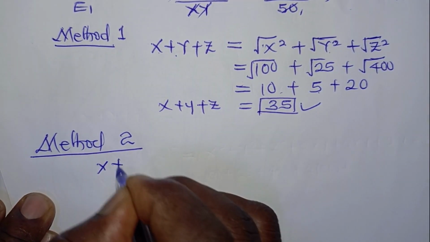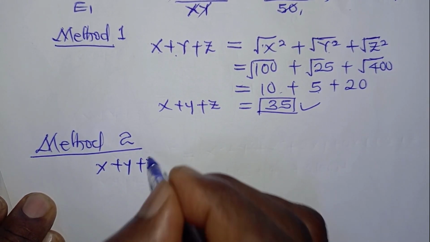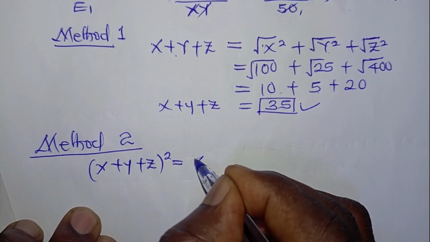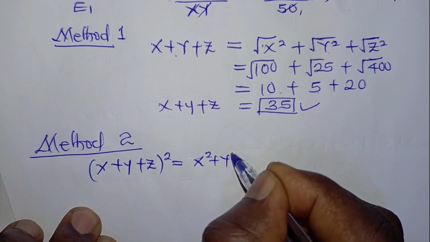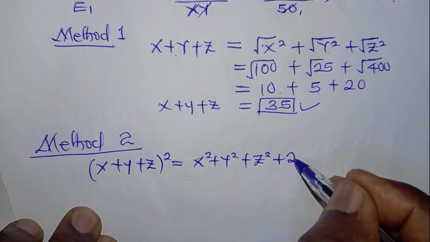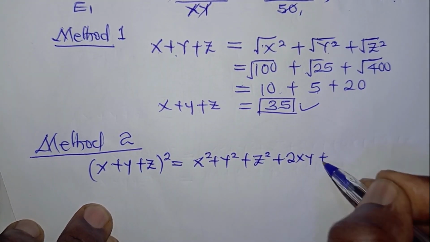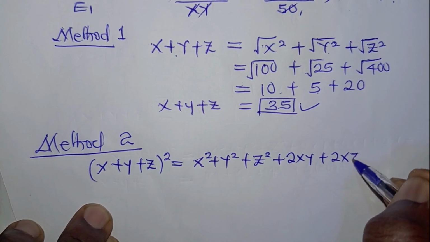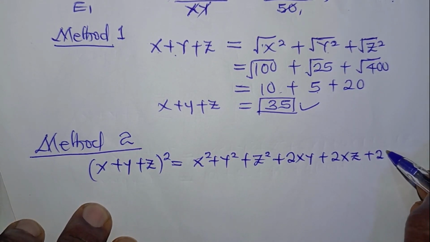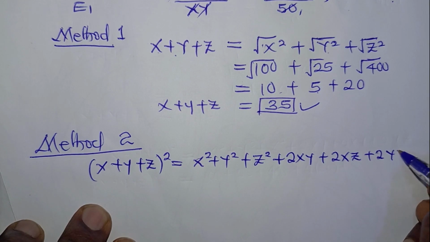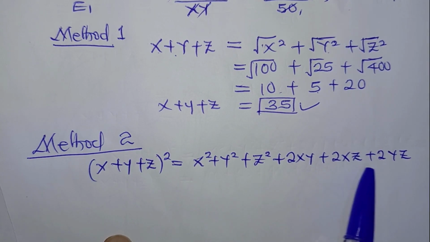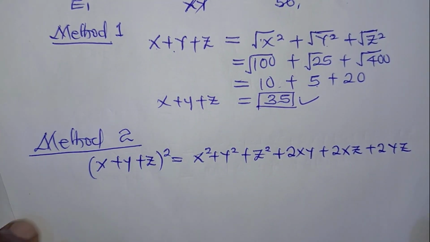So we have x plus y plus z squared equals x squared plus y squared plus z squared plus 2xy plus 2xz plus 2yz. This identity can be applied.